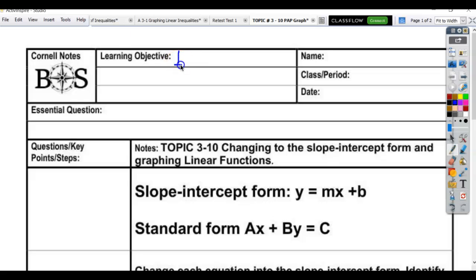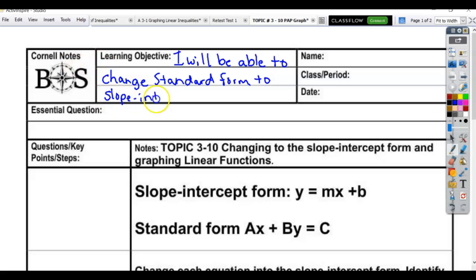So your objective: I will be able to change standard form to slope-intercept and graph.